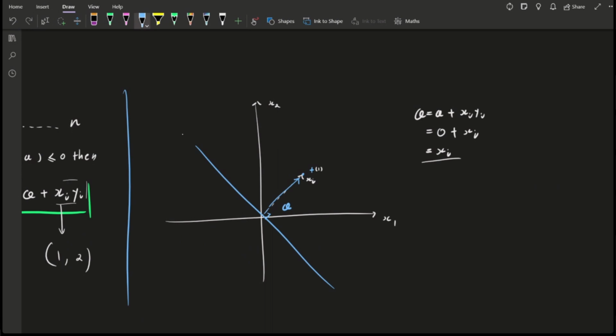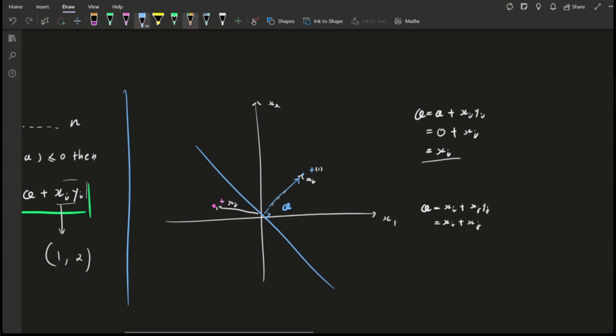And you realize that this decision boundary after adjustment is able to classify this point, which was previously classified wrongly, now correctly. And if we put in even more points, for example, a point here that's also classified wrongly, then our new theta will be the old theta, which is xi, plus, let's say this is xj, plus xj, and yj again is positive 1, so it equals xi plus xj.